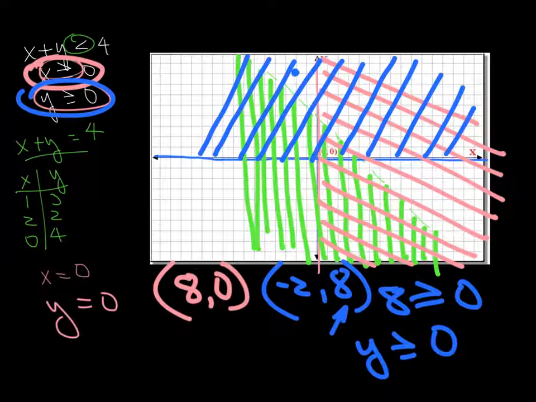Alright, so what I'm interested in is where all 3 of these intersect each other, and we'll show that in yellow. Right here, here, and here. That area right there all has blue, red, and green in it. So that ends up being where my answer is that I'm looking for.